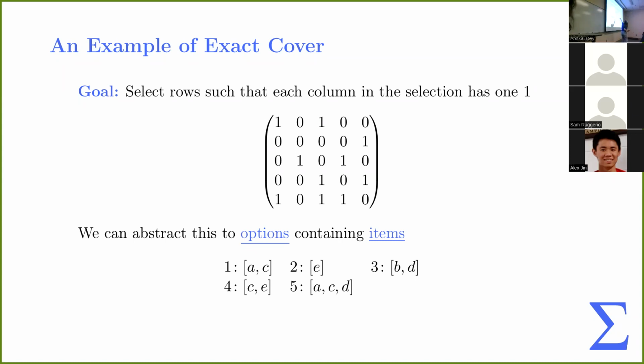The first column is A, B, C, D, and so if there's a 1 in the first column, it turns into an A and B in the options lists, and so on. We have these options, which are just lists of items, and we are going to pick 1, 2, and 3 out of there, because then that will cover A, B, C, D, and E exactly once.